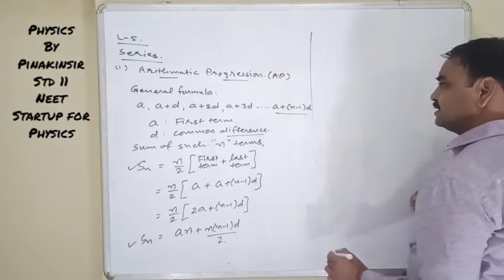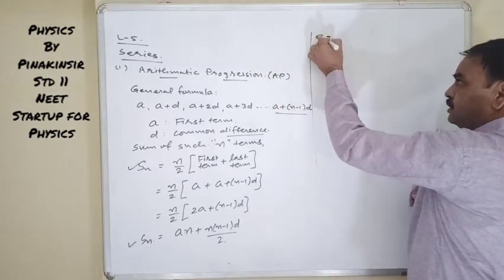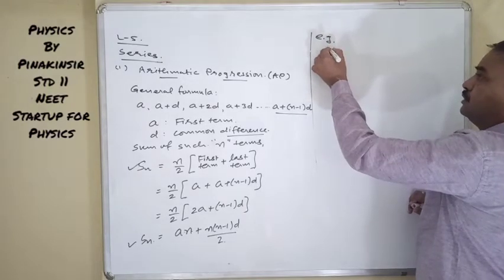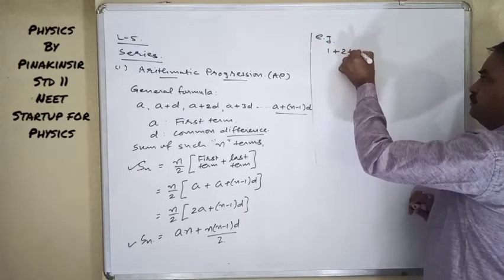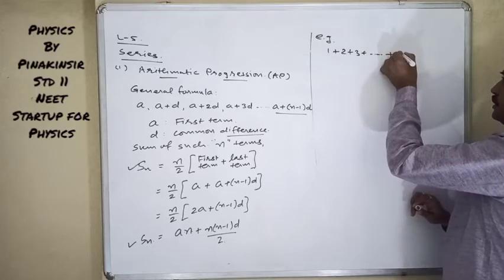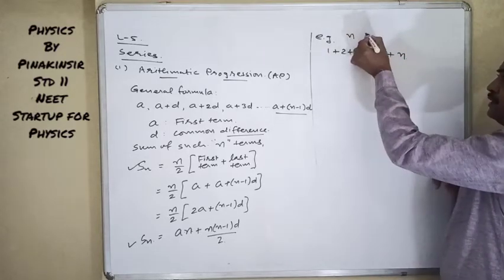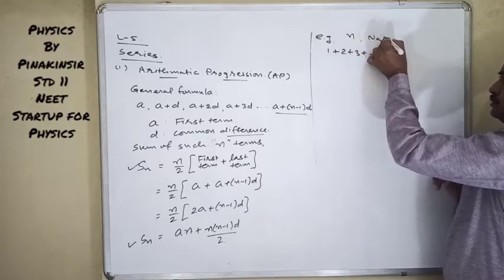Let us take an example. Suppose you are given 1 plus 2 plus 3 plus so on plus n, that is n natural numbers.